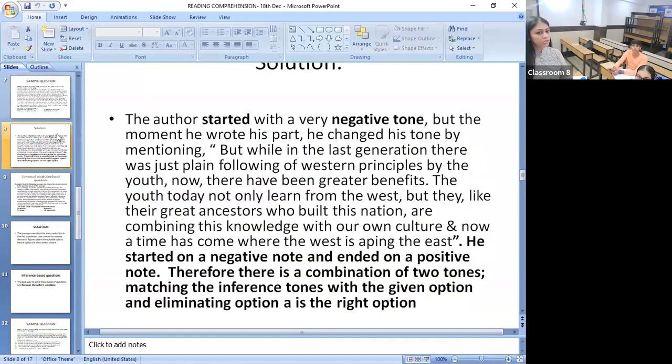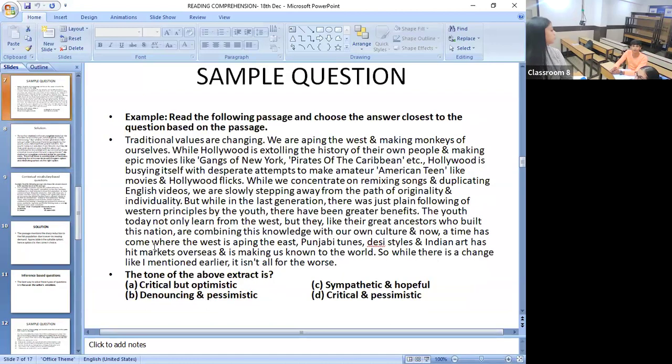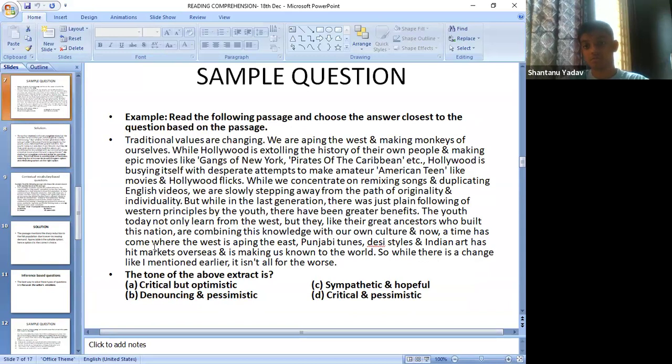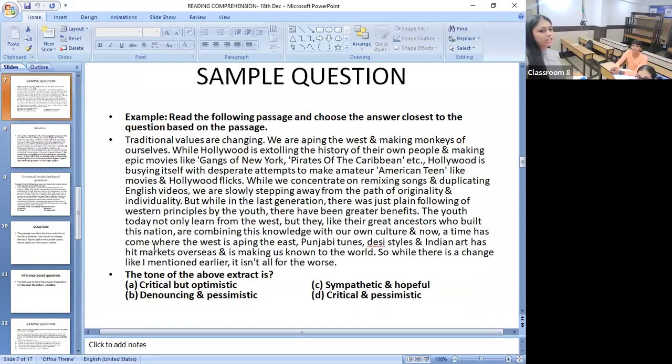So did you find these two things in the tone? Yes, ma'am. Are you able to find the flaw over here? Can you tell me the flaw? If you don't understand now, it becomes difficult. Just spend 2 minutes. Can you find something over here where the writer is trying to find a flaw? You understand flaws? Tell me where the flaws are.